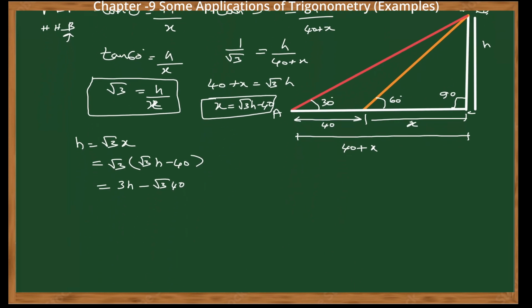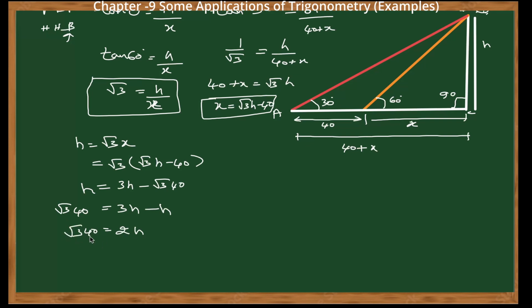So let's bring this root 3 into 40 over here. Then we have 3h, and this h we bring towards the other side, becomes minus h. So this becomes 2h equals 40 root 3.